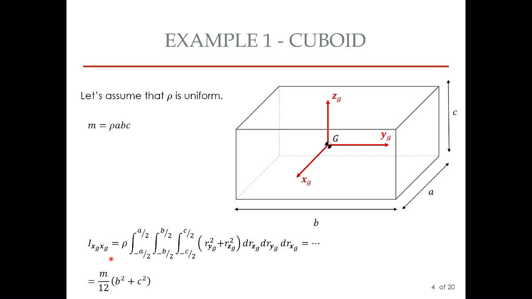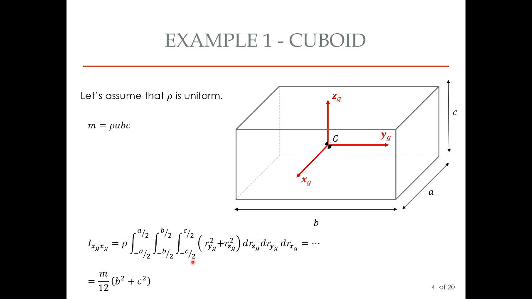All I need to do is set the limits correctly to cover the entire volume. Because I'm working with Cartesian coordinates here, it will be simple, just breaking down this cuboid into small cuboids and going along the z first, then along the y and then along the x, covering the entire volume.